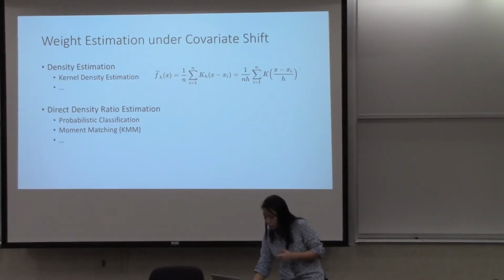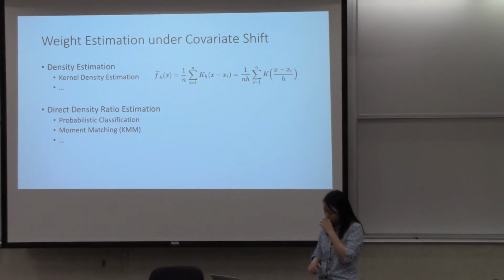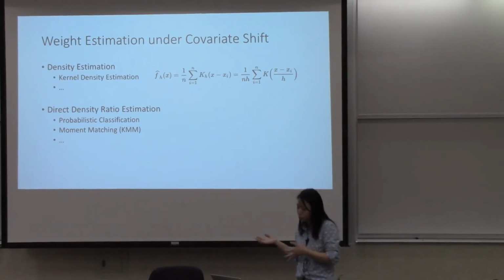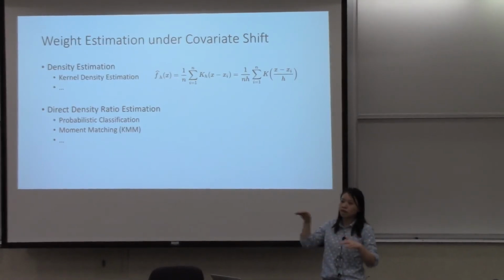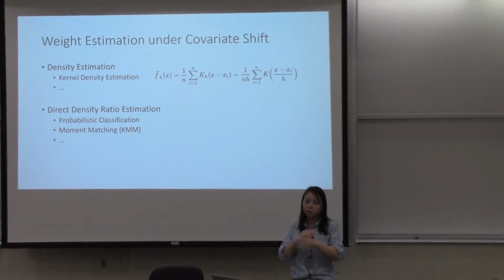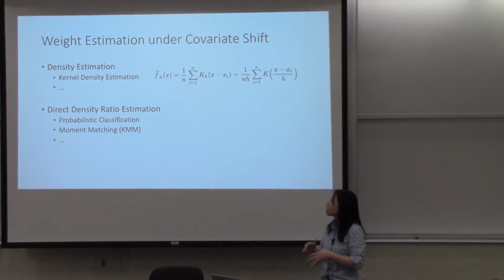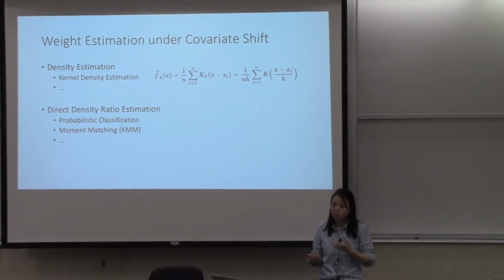So first, let's take a look at covariate shift. There is a lot of research on this. The first perspective is that you can first do density estimation, and then do this ratio. Density estimation is also a very broad research area, and one of the easiest things you can do in low dimensions is kernel density estimation, and there are a lot of other things. We will not talk about this today.